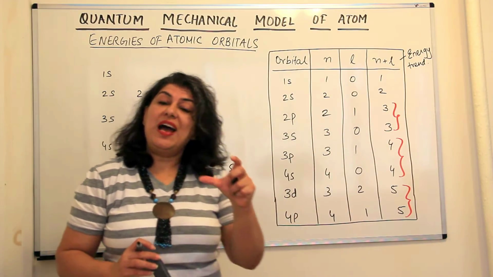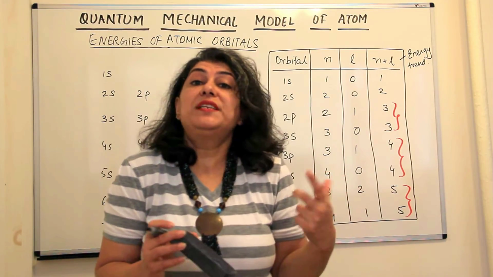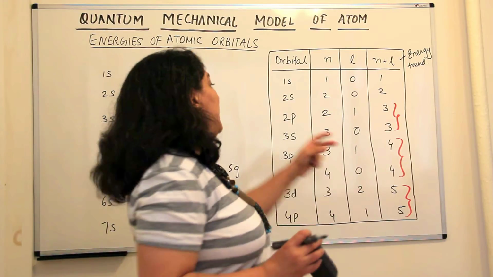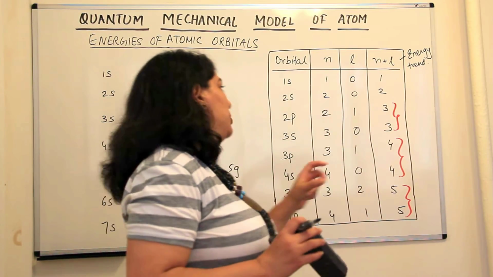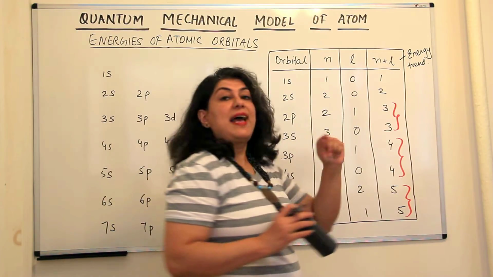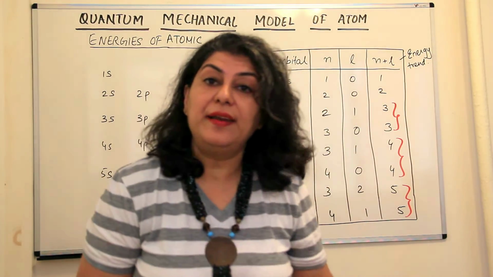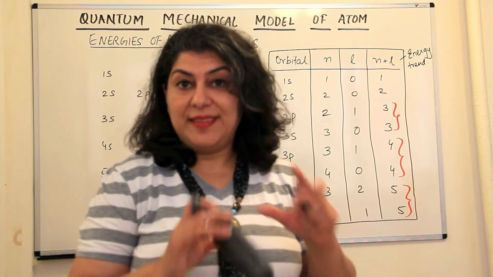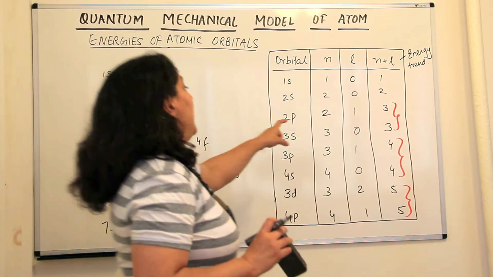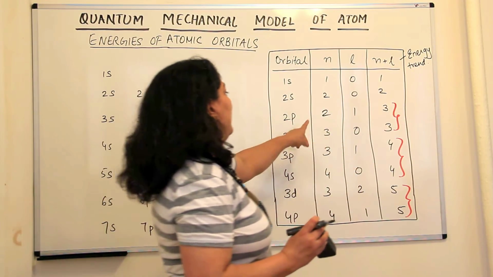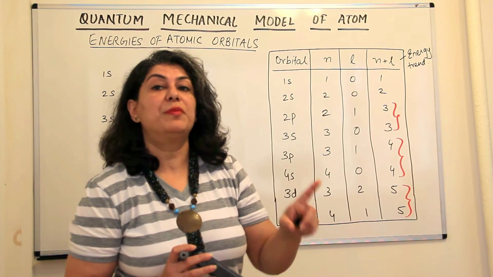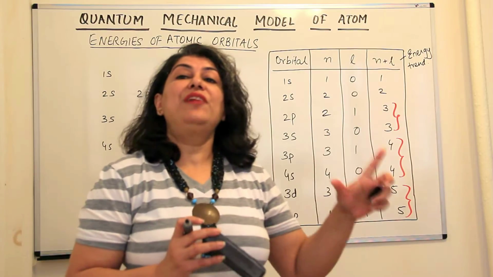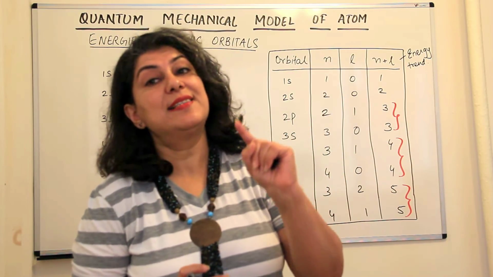So when you have the same sum, then what decides the energy? When the n plus l values are the same for an orbital or subshell, then the one that has a lower value of n has lower energy. That is how we decide, and that is how it actually is. The one that has the smaller principal quantum number would have lower energy if the sum of n plus l is the same.